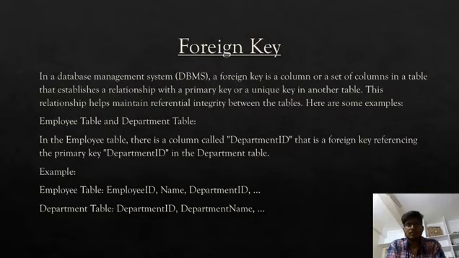If we consider the employee table and the department table, the department ID is the primary key of the department table, but it is a candidate in the employee table, right? So in the employee table, the department ID would be considered the foreign key.